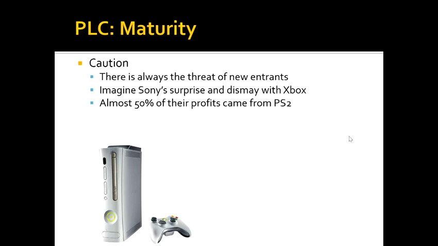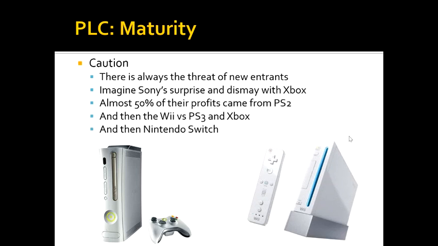But they came out, dropped it in the marketplace, and after a short period of time, they took a lot of market share away from Sony. And then when Xbox and Sony thought they had the market kind of sewed up, Nintendo dropped their product down, and in the first year that Wii was offered, they sold more than either Xbox or PlayStation. And now you have Nintendo Switch. So there's always a threat that new companies can come in.